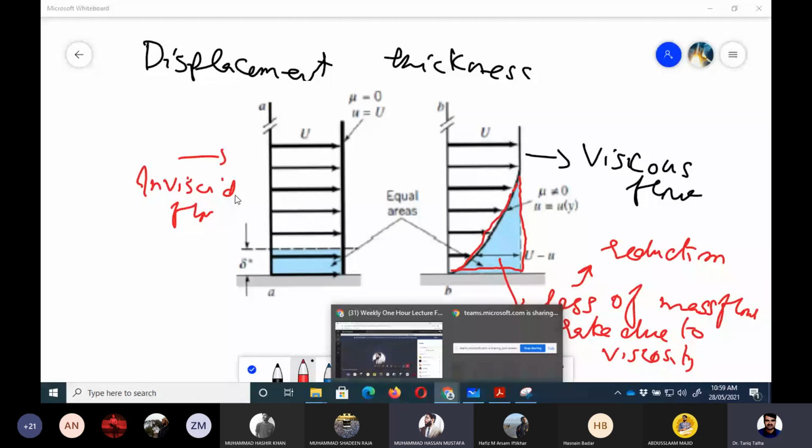Okay. The question is that if we measure the mass flow rate for both cases, at the same y location, on the right hand side we have viscous flow, and on the left hand side we have inviscid flow. In which case would the mass flow rate be more, the inviscid flow case or the viscous flow case?